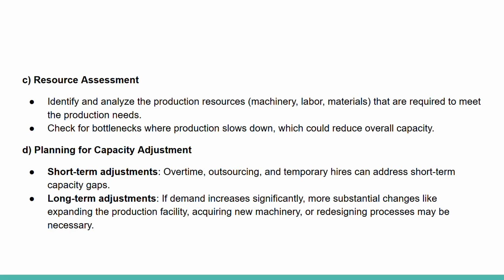Short-term adjustment: overtime, outsourcing, and temporary hires can address short-term capacity gaps. Long-term adjustment: if demand increases significantly, more sustainable changes like expanding the production facility, acquiring new machinery, or redesigning processes may be necessary.